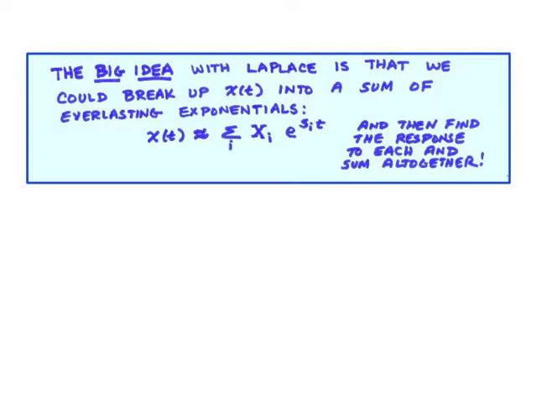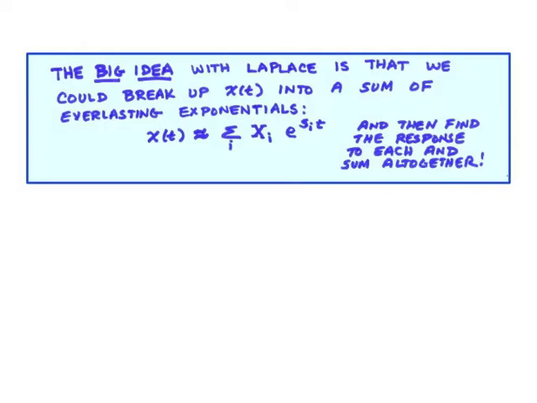First, the big idea behind the Laplace transform was that we could take an arbitrary signal x of t and break it up into a sum of everlasting exponentials. So we can write x of t as the sum of xi e to the sit, where xi are the coefficients. Given a sufficient number of exponentials, we could represent any x of t.